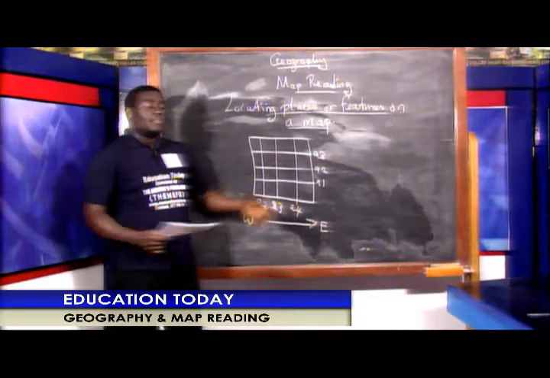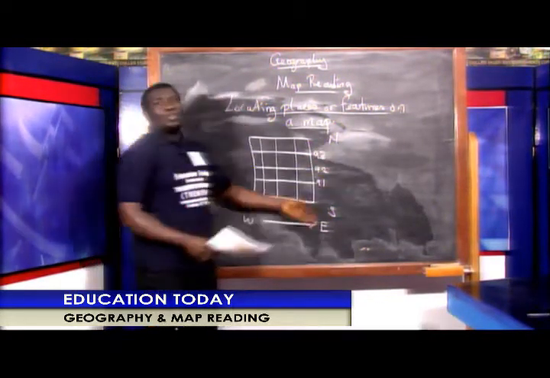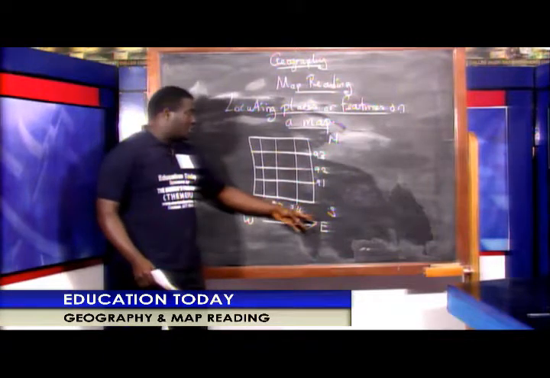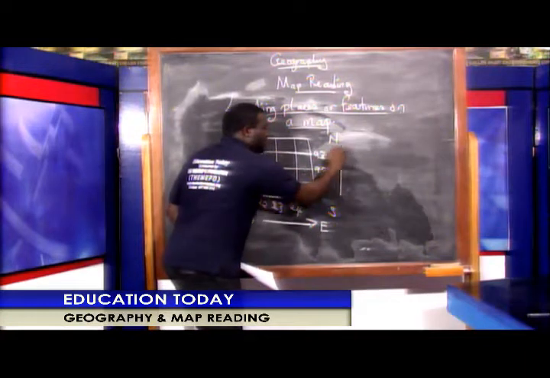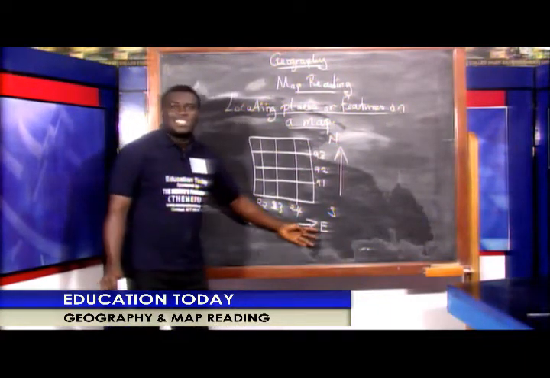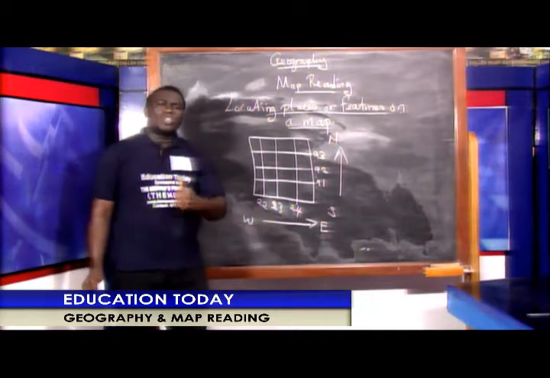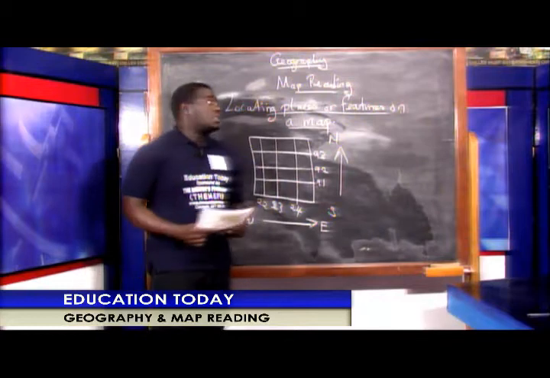Northings here simply refer to lines with values increasing from south to north. These lines with values increasing from south to north are known as northings, while those from west to east are known as eastings. These lines help us to understand how to locate places on the earth's surface.